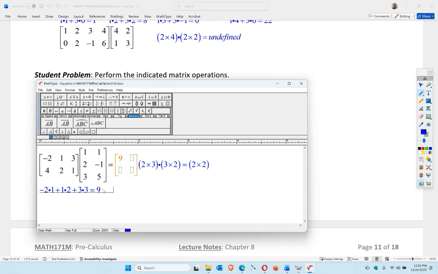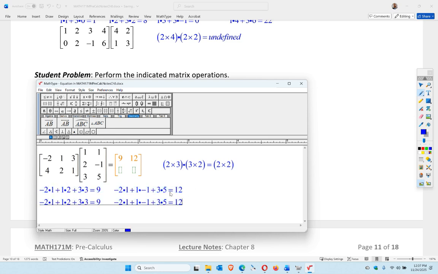So we'll do negative 2 times 1 plus 1 times negative 1 plus 3 times 5. So that's what? 15. Take away 1 is 14. Take away 2 more is 12. Okay, whoops. Alright, I'm going to copy this and cheat now.